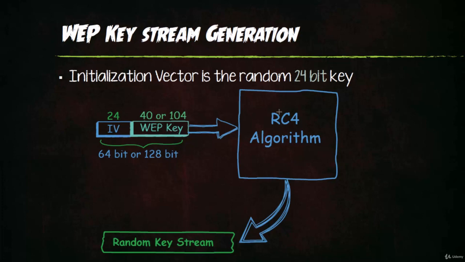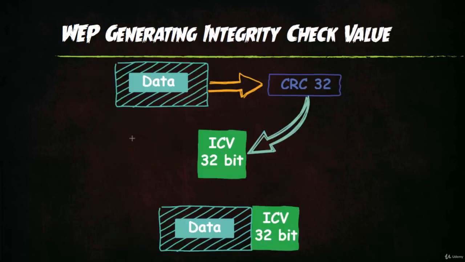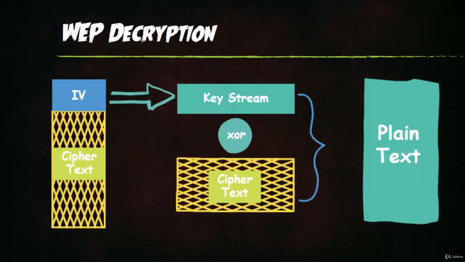So using the same algorithm and using the same IV, it can generate the random key stream again, and it will be the same key stream because of the IV, right? Then using this key stream, we will again perform an XOR operation so that we will get the plain text, right? So this is how WEP works.